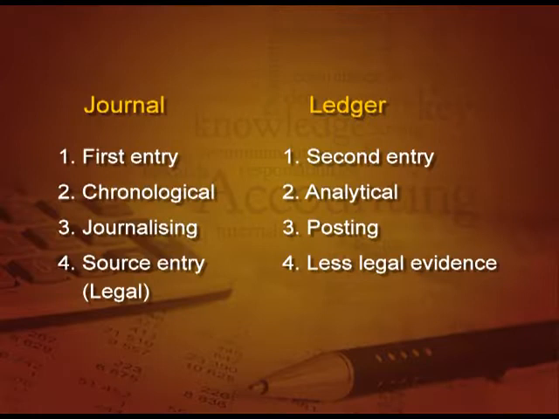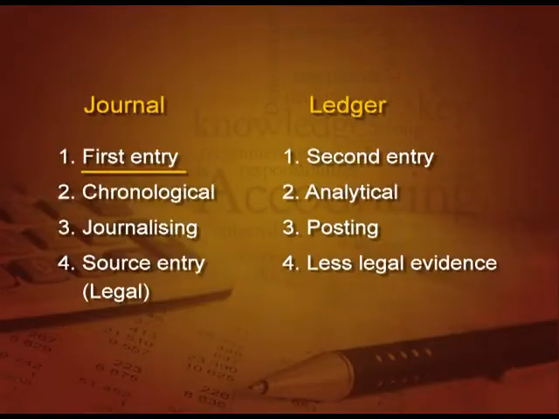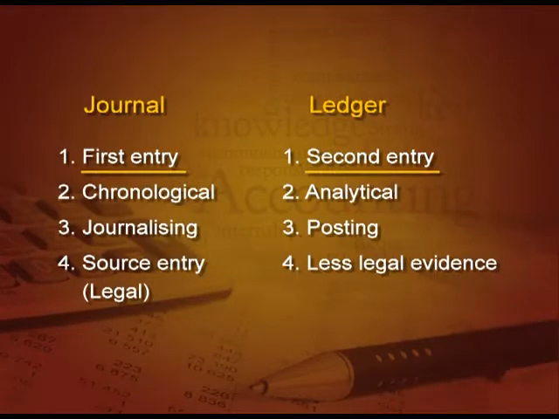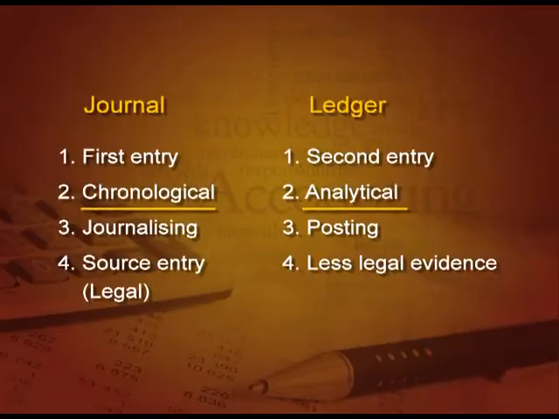Now, let us understand the difference between journal and ledger. Journal, here we record the entry for the first time, and after that we record it in the ledger. So, we can say in ledger it is second entry, in journal it is first entry. Next point, in journal we record in chronological order, that is date wise order, but in case of ledger we record in analytical manner.